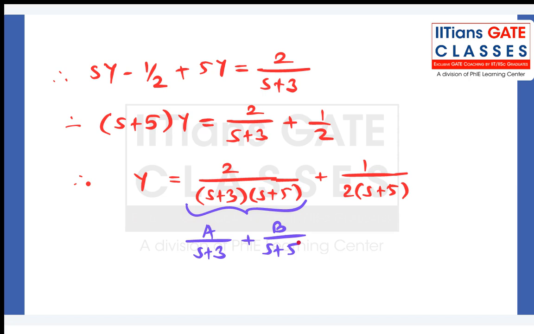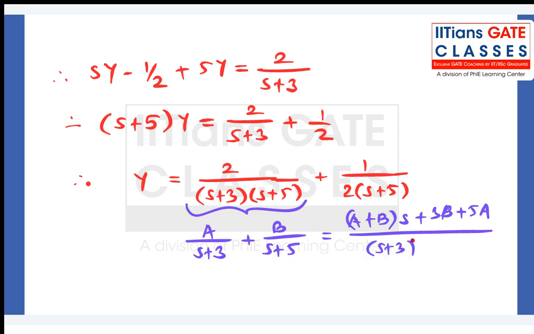Since there is no repeated factor in the denominator, you just have a by s plus 3 plus b by s plus 5, no repetitive terms or other things. Then you are supposed to compare the coefficients. If you solve this, you'll get (a plus b) into s plus 3b plus 5a, divided by (s plus 3)(s plus 5).